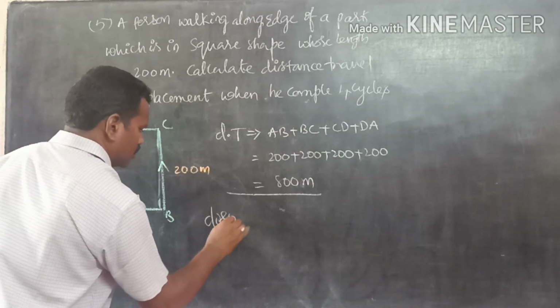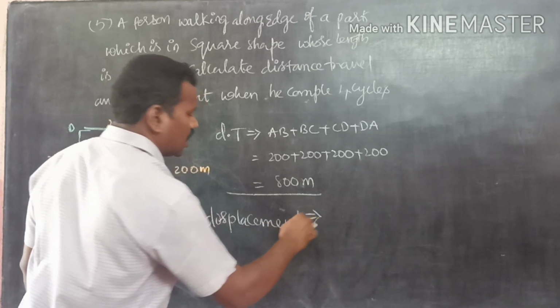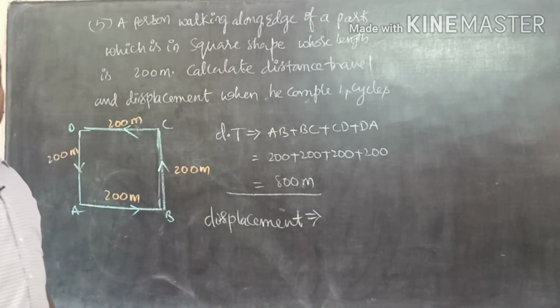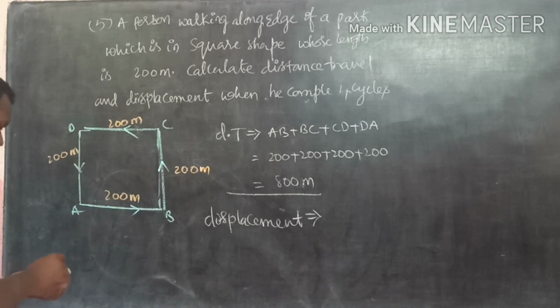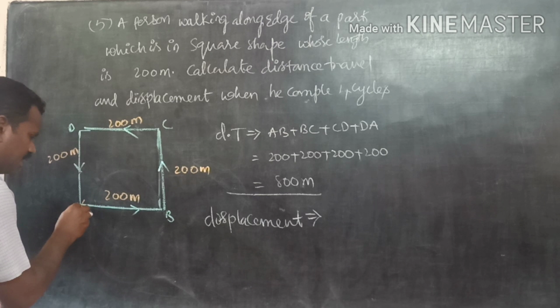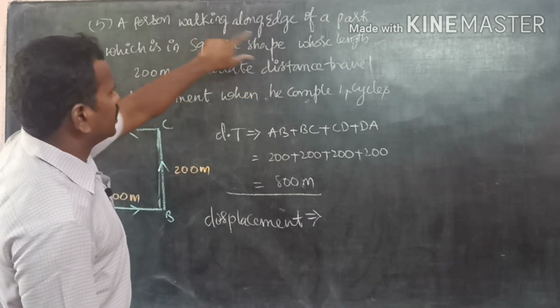Then we should find out the displacement. Displacement is nothing but the shortest path between the initial point and terminal point. In this case, the person started at A and completed walking along the edge.